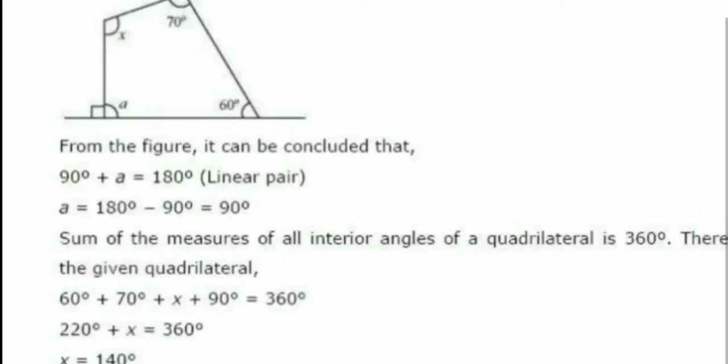So a is equal to 90 degree. So sum of the measures of all interior angles of a quadrilateral is 360 degree. Therefore, in the given quadrilateral, 60 degree plus 70 degree plus x plus 90 degree is equal to 360 degree. So 220 degree plus x is equal to 360 degree. So the value of x is equal to 140.